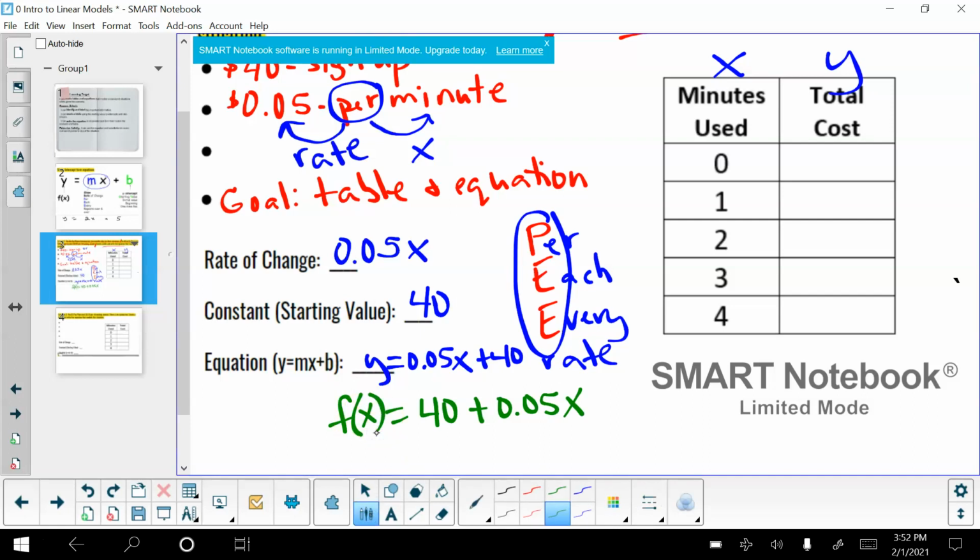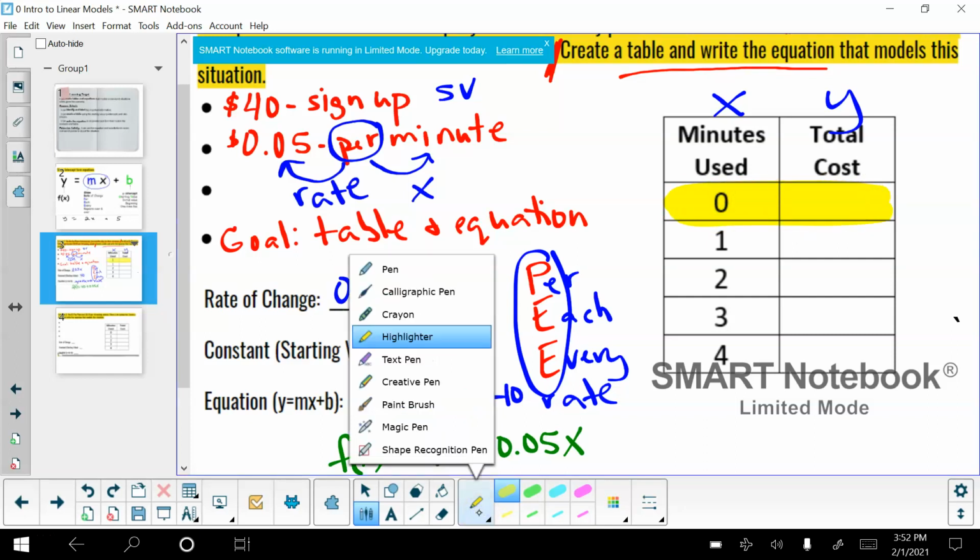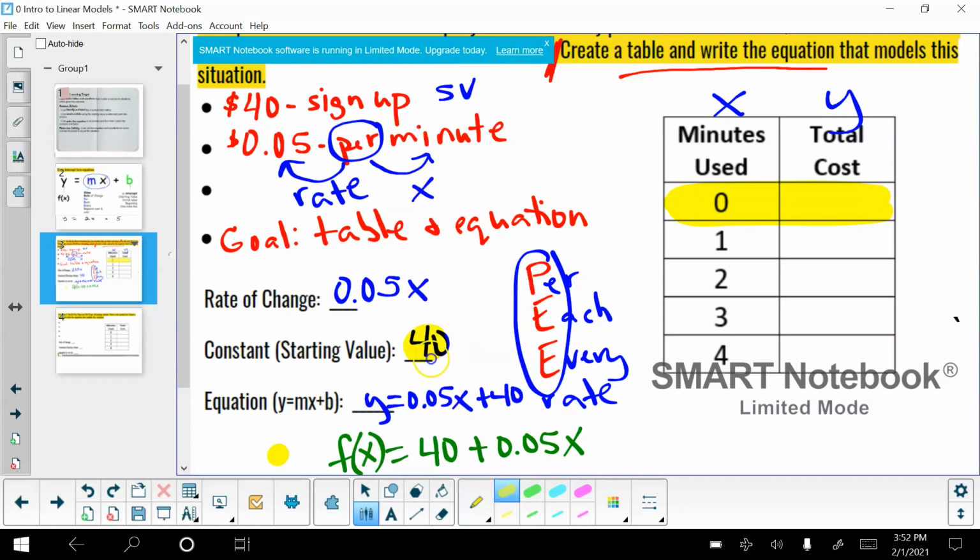So if I'm going to write my table down, I'm going to remember that one of the things we have to know is our starting value, and I'm going to highlight this cell right here because that starting value number that we got, which was our 40, that was our starting value. That's what starts off our table.